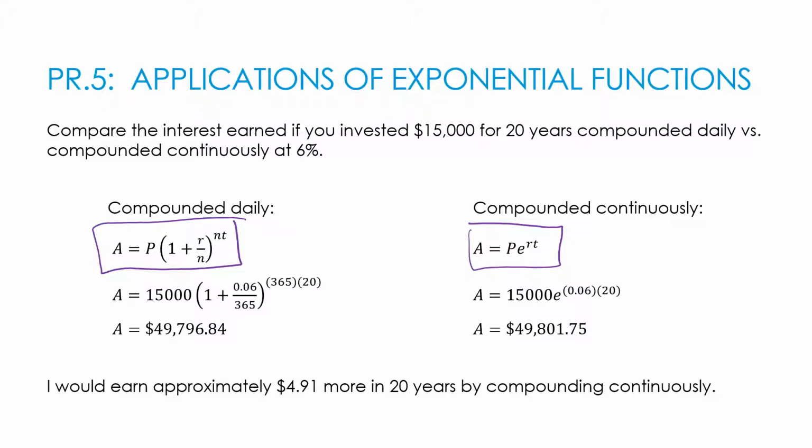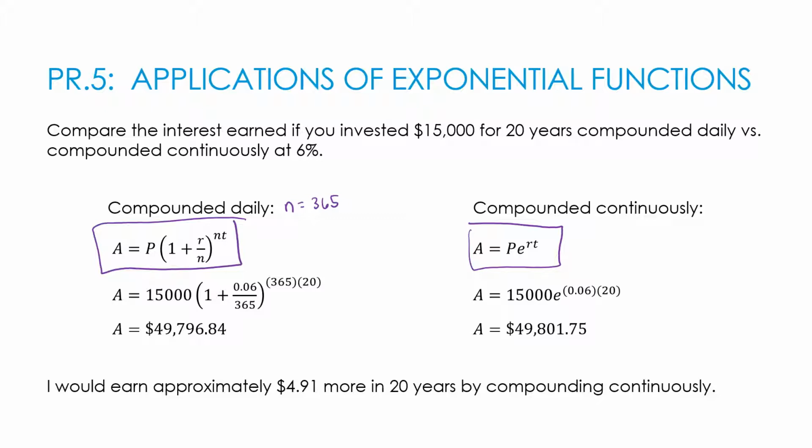So really I'm plugging things into the appropriate place. In this case, n is 365 because it's daily, and then for the other one I don't need an n because there is no n, it's compounded continuously, and I'm just utilizing my calculator.